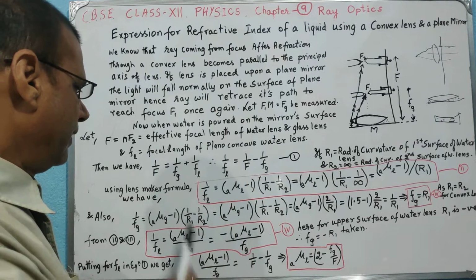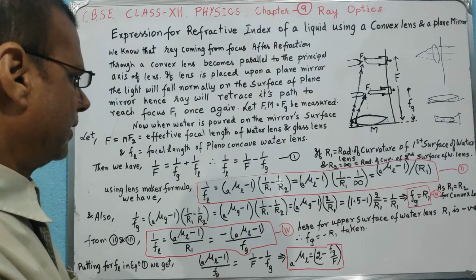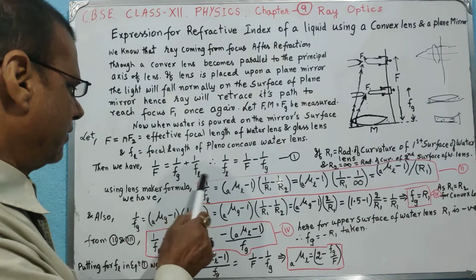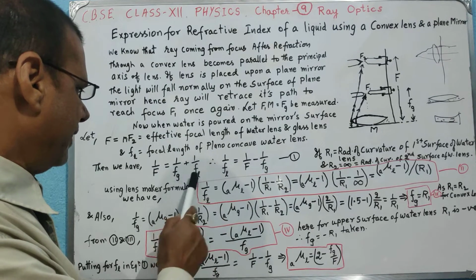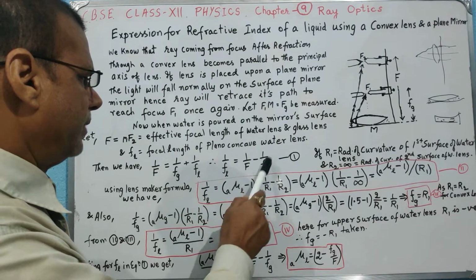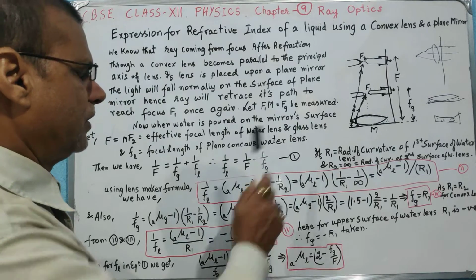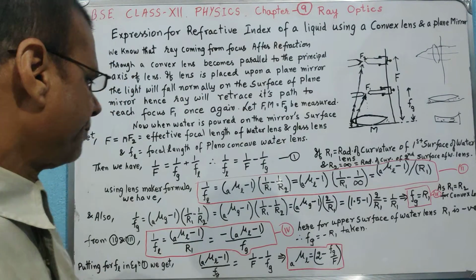L refers to liquid and G refers to glass, and therefore we can write 1/fl equal to 1/f minus 1/fg. We call it equation number 1.